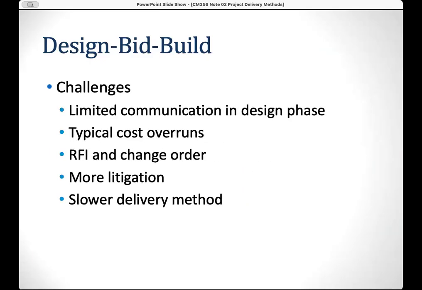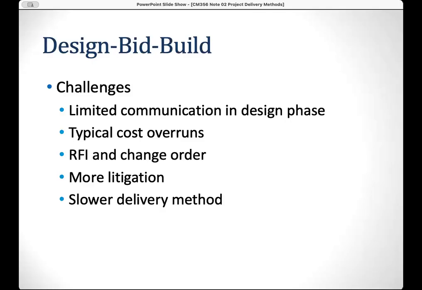So those are the challenges of design, bid, and build. There is no, or limited, communication in the design phase between the contractor and the design team, right? Because when you finish the design, then you open the bid, and only then will the contractor be able to understand the design drawings.